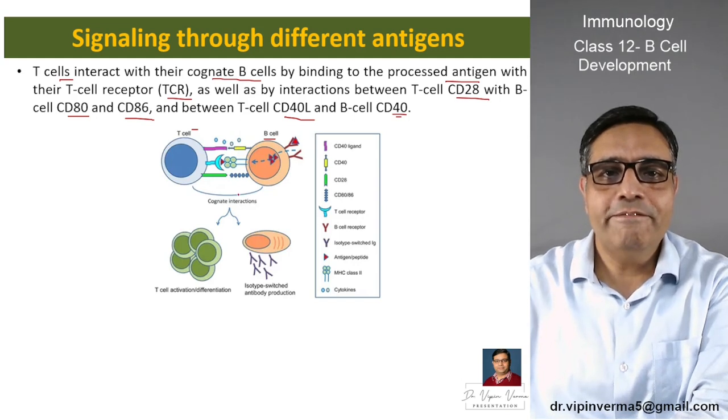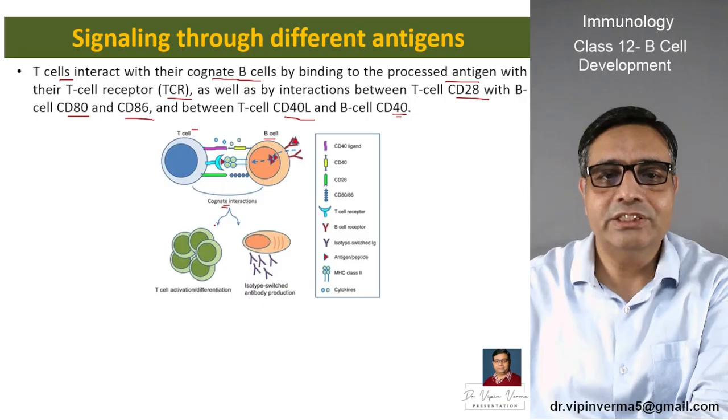Clear? So if we see here, this is the MHC molecule loaded with antigens, and these antigens on the MHC molecules are binding with the TCR here, and ultimately there is a coordinated interaction, and then T cell activation and differentiation takes place, and here the isotype switching or antibody production takes place.